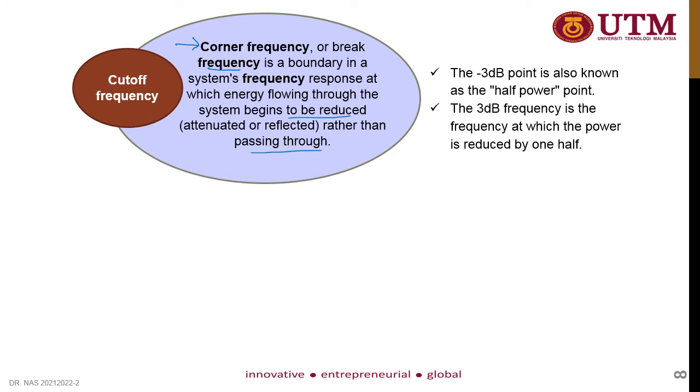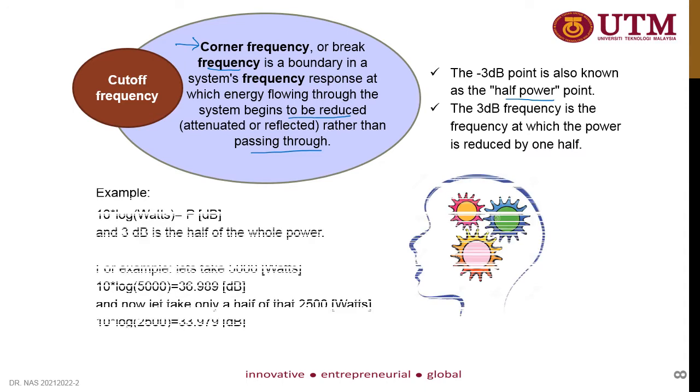Okay, the 3 dB point is also known as half power, as mentioned earlier. It's happening when the power is reduced by 50% from the maximum power. Okay, you can have a quick glance at the example of how the 3 dB points or the cutoff frequency is calculated.